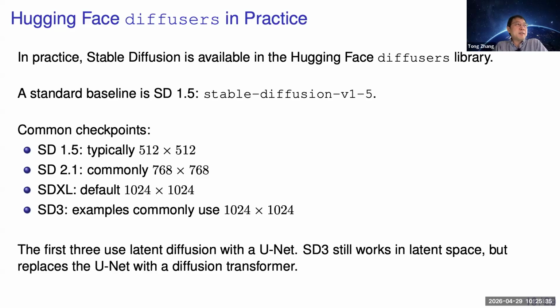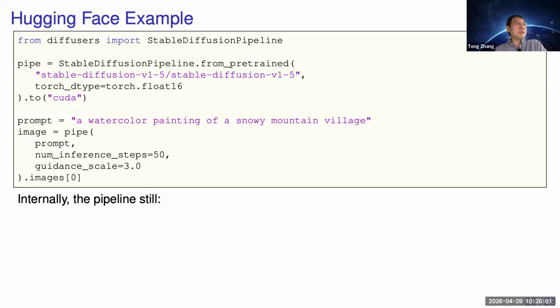But for this class, it's Stable Diffusion 1.5, which uses DDIM and the decoder, and the training is the same as DDPM, DDIM, at 512. Then you use a UNet with hybrid cross attention, a little bit of transformer components. So this is basically how it works.